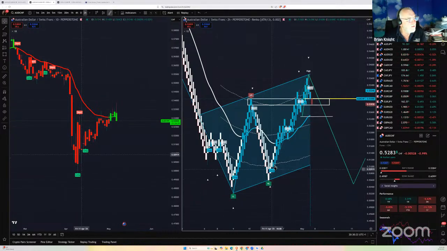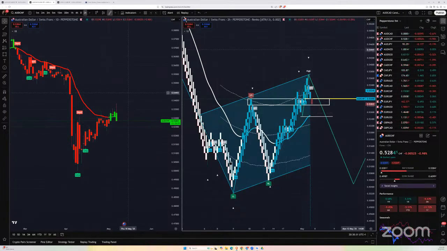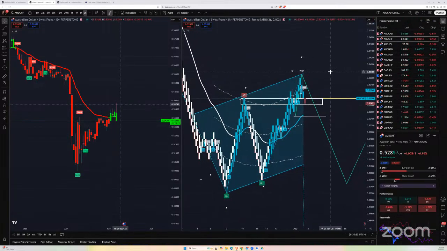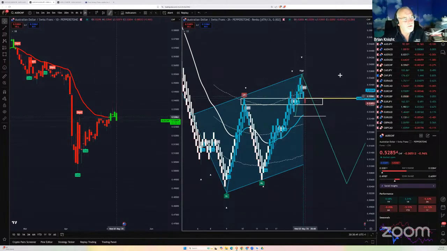Here, you can see straight away you got a blue Heikin-Ashi about there, which is that doji, and then off it went. That would have been a beautiful trade for you. You got a long, and then another long.